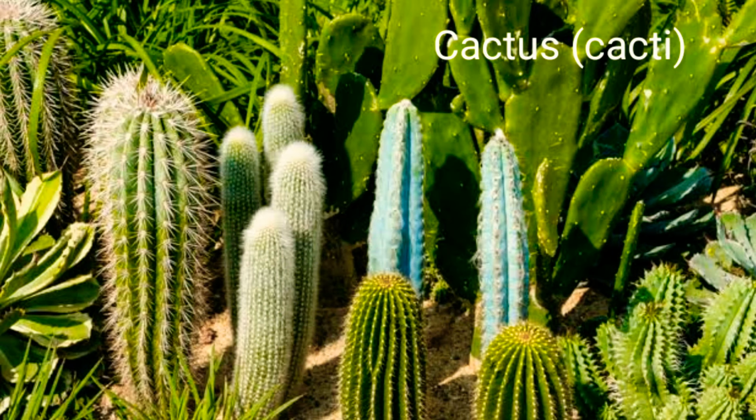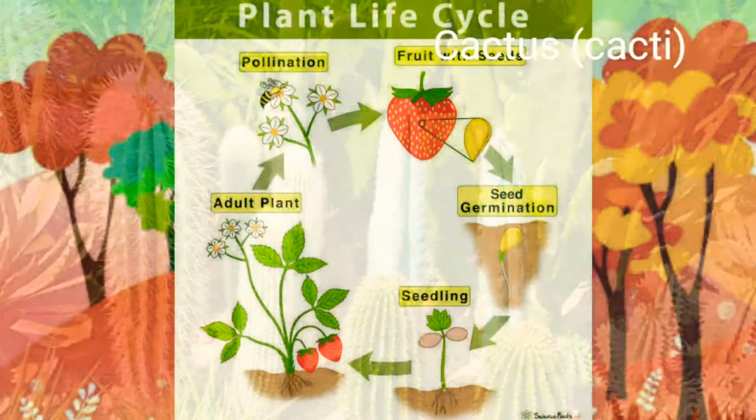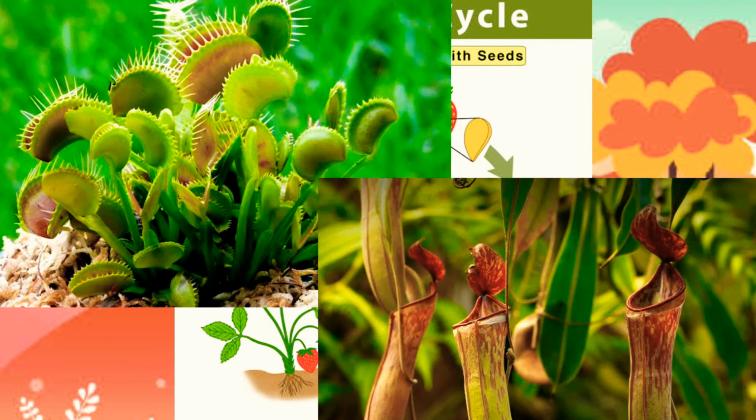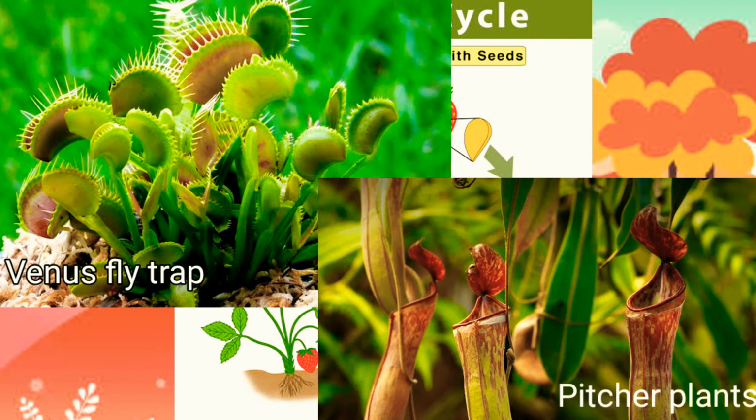They shed their leaves so that they do not give off water. Instead, they grow thorns to protect their stems, which are for the storage of water. And also, we have the Venus flytraps and pitcher plants. They eat and absorb nutrients from insects, as well as carry out photosynthesis.